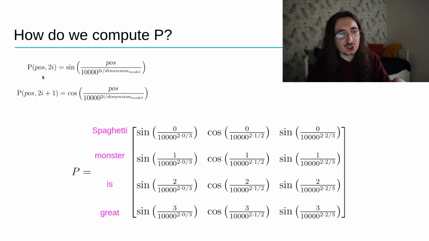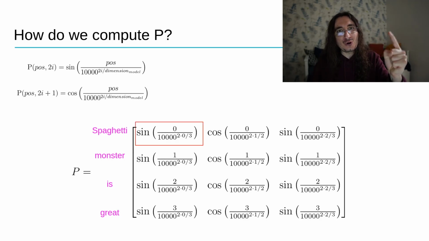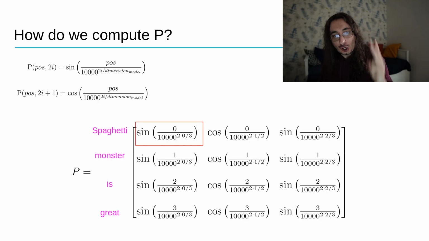I've parked these two formulas up here, so we'll have them as reference. And here we have the positional encoding matrix. We have a sentence with 4 words: Spaghetti monster is great. One word per row, and the different columns are the different features of the embedding for that particular word. Let's take a look at row 0, column 0, and take a look at the value there.